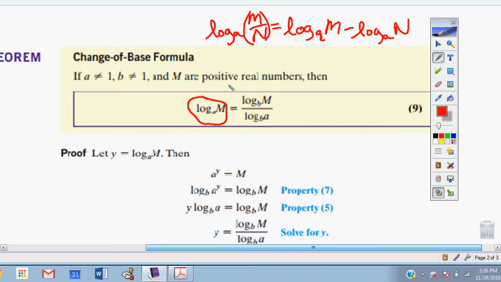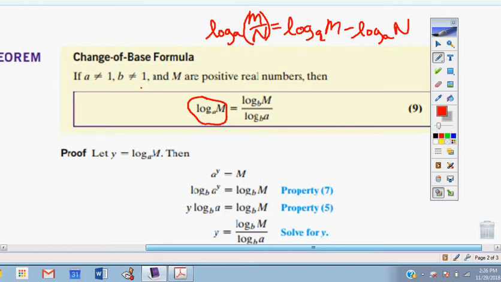That's not what we're discussing right now. What we're saying is you can take this and rewrite it as a quotient, but look what happened. The bases became b on both of them. So this argument became m, and the base that we had before became the new argument here. And then we have the two bases, whatever we want. We can pick whatever we want for those bases. We just can't pick one.